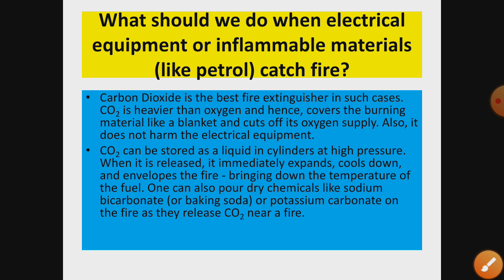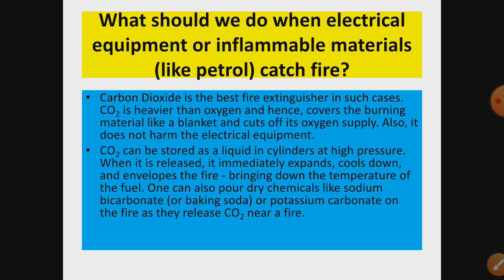So what should we do when electrical equipments or inflammable materials like petrol catch fire? Carbon dioxide is the best fire extinguisher, and I have told you in the previous slides how we can get carbon dioxide to extinguish the fire. Carbon dioxide is heavier than oxygen and covers the burning material just like a blanket.